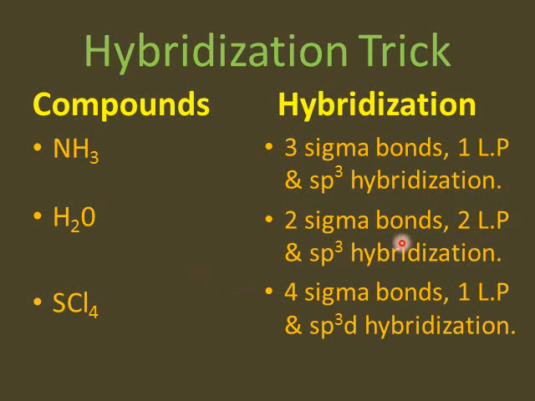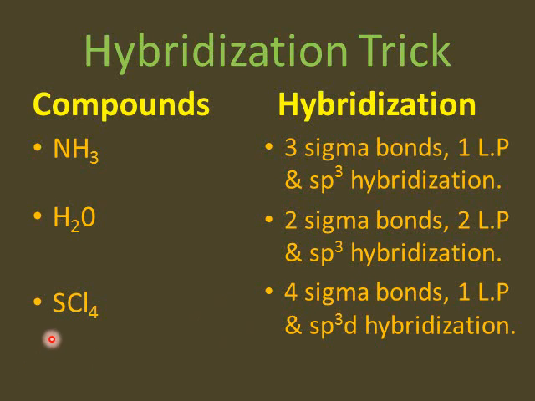Now 2 sigma bonds and 2 lone pairs. In totality, we have 4 bonds. And 4 bonds undergo sp3 hybridization. 1s and 3p can turn into 4. So it will be sp3 hybridization.